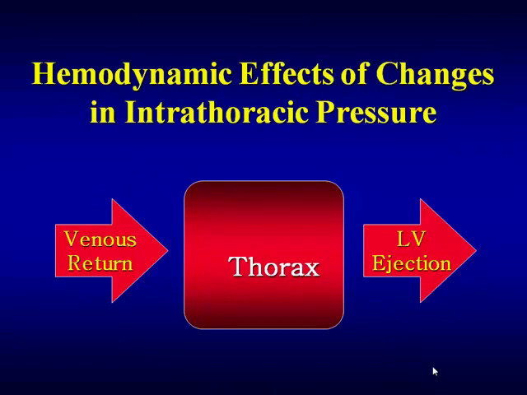Do you accept that hypothesis? Good. The heart is in the chest, a pressure chamber inside a pressure chamber. And thus increases or decreases in intrathoracic pressure must affect the pressure gradient for venous return to the heart and left ventricular ejection from the heart, independent of the heart itself. Okay, it's as simple as that.